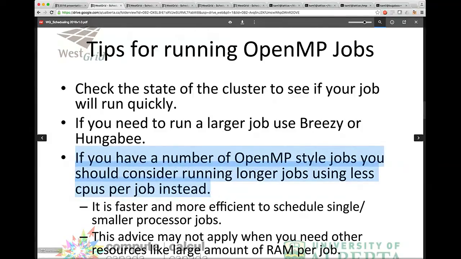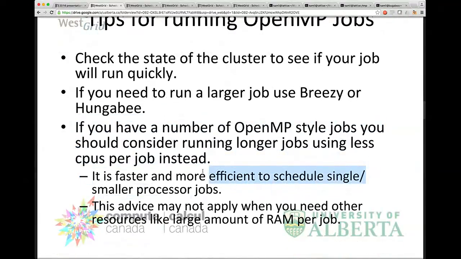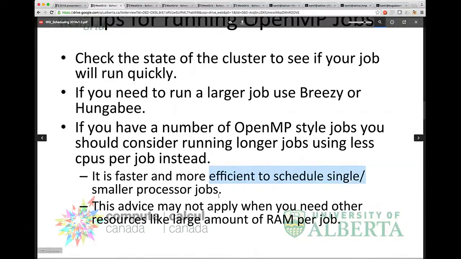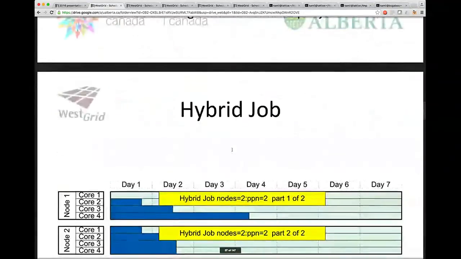Also, if you have a large number of OpenMP-style jobs, you should consider running longer jobs using fewer CPUs per job. It's faster and more efficient to schedule single or smaller processor jobs, but this advice may not apply when you need other resources like large amounts of RAM. Any questions?